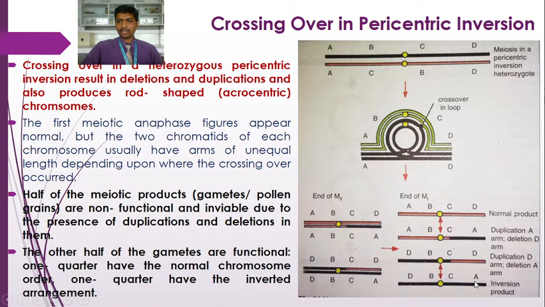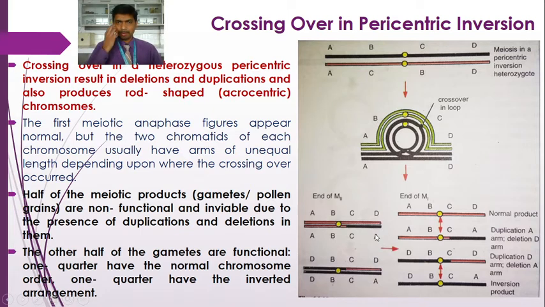Now the last product, here all the genes are present, A, B, C, D, but the gene sequence is different. What happened here? A, B, C, D is what normally has to occur, but here this middle portion has been inverted. Here the sequence is D, B, C, A, so it is an inversion product.